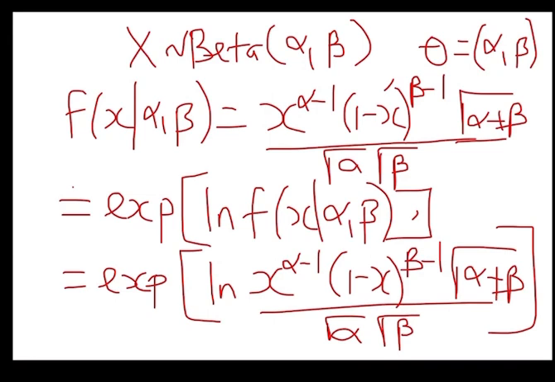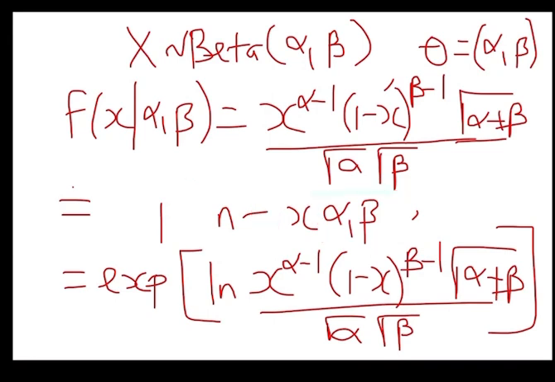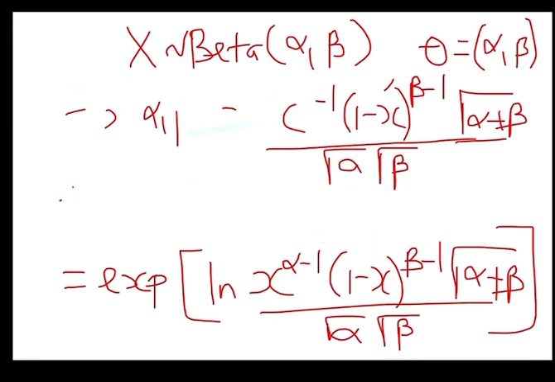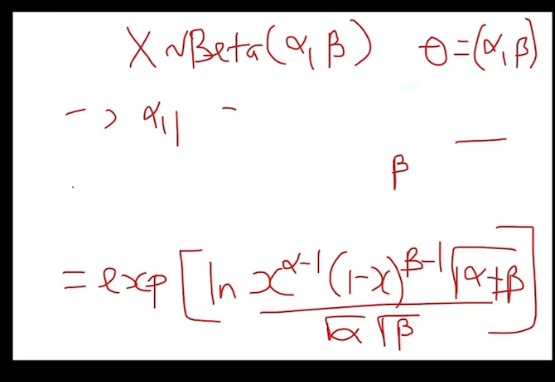Now all we just need to do is simplify. I need some room. So this is going to be equal to exp of the ln of all of that.